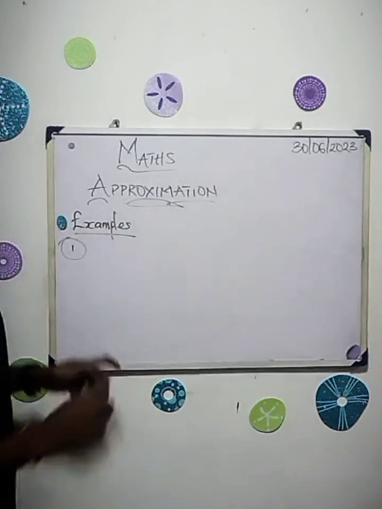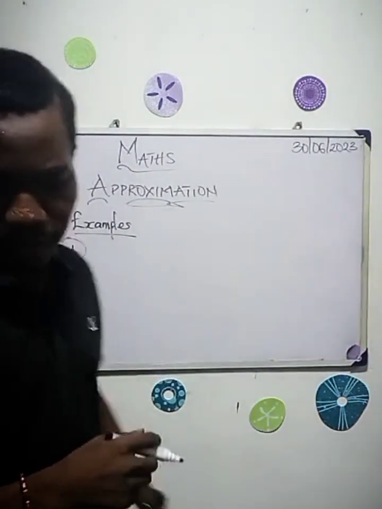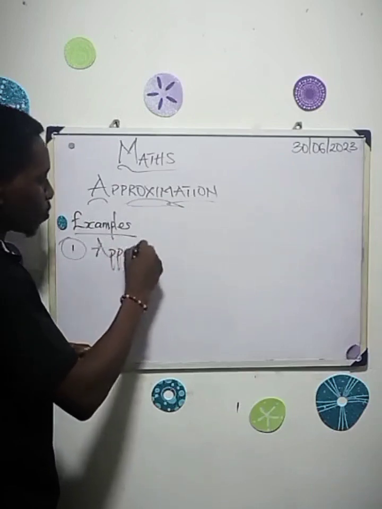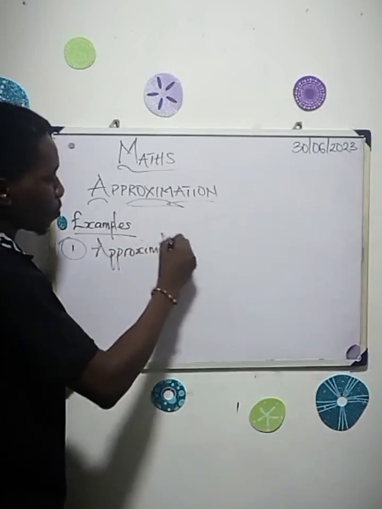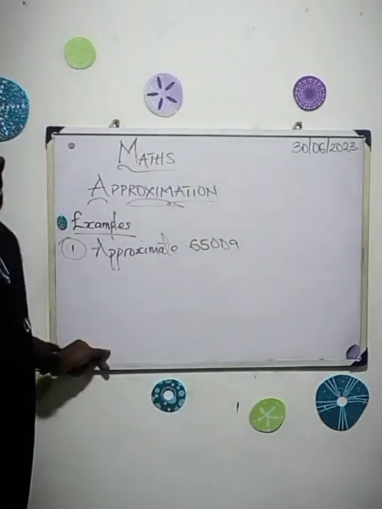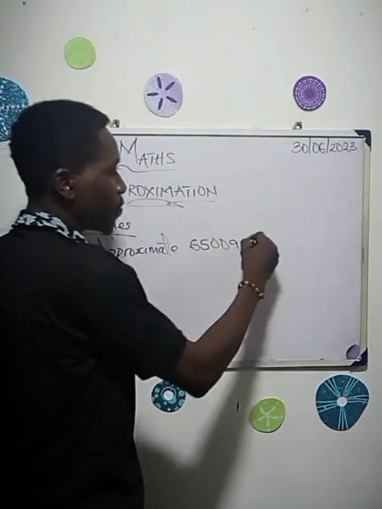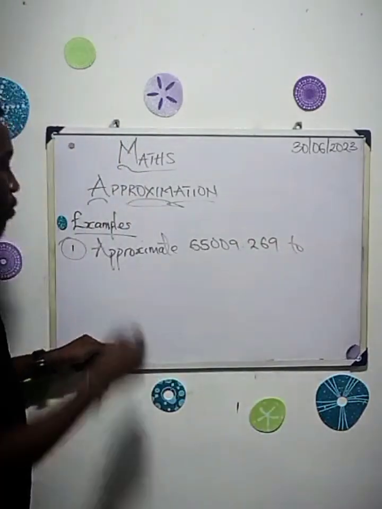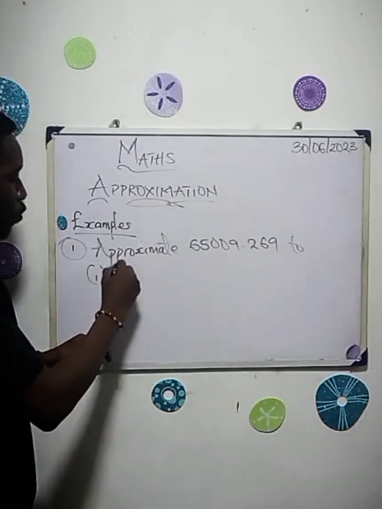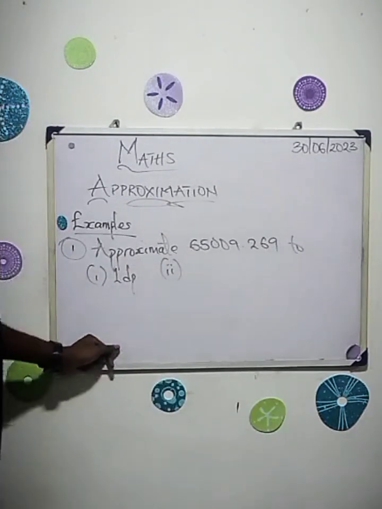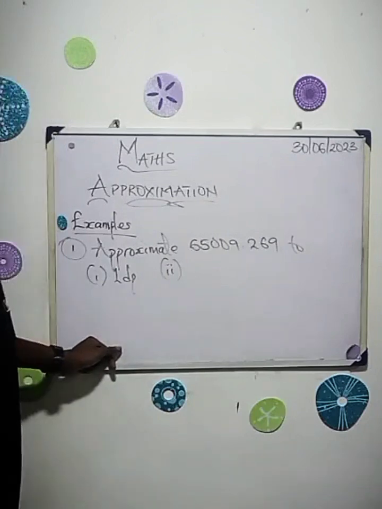Example number 1. The question says approximate 65009.269 to 1 decimal place and to 1 significant figure.